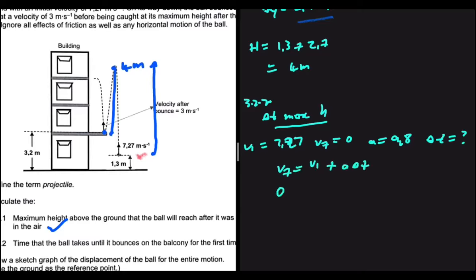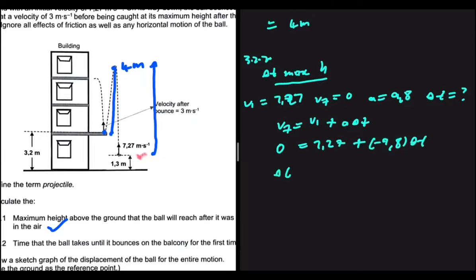Vf is 0. Vi, that is 7.27, plus the acceleration minus 9.8 multiplied by delta t. If we make delta t the subject of the formula, we're going to get minus 7.27 divided by minus 9.8. That will give you 0.742 seconds. That is the time it takes the ball to reach the maximum height.